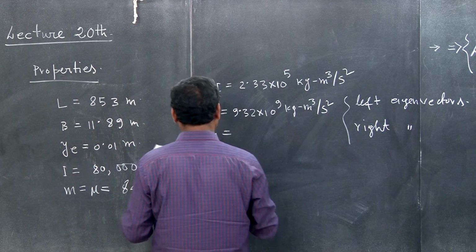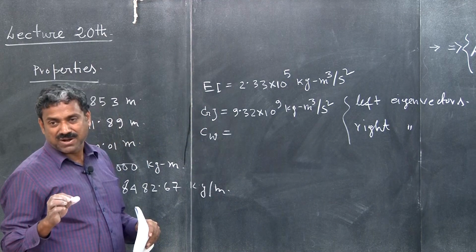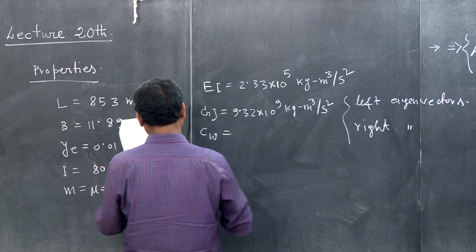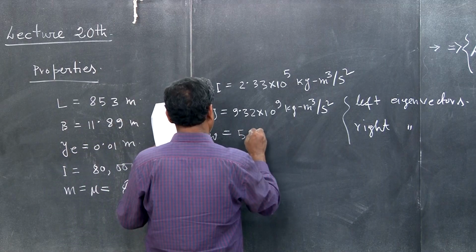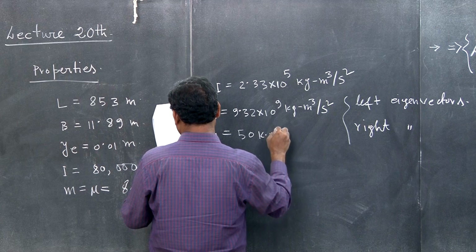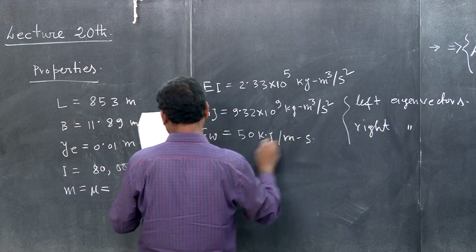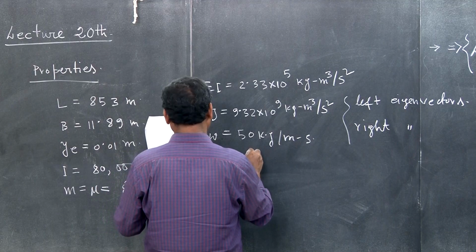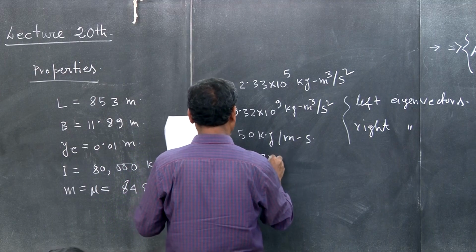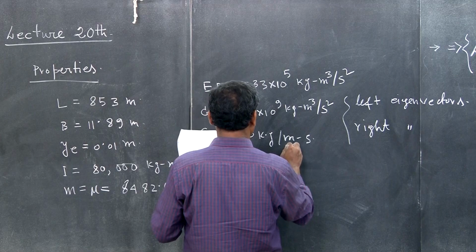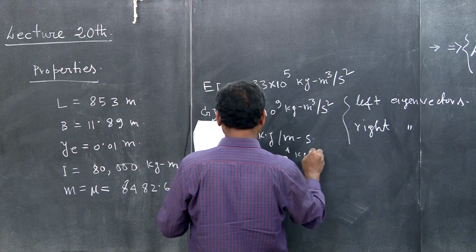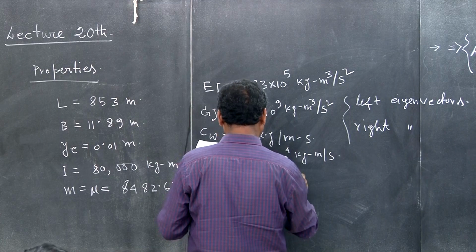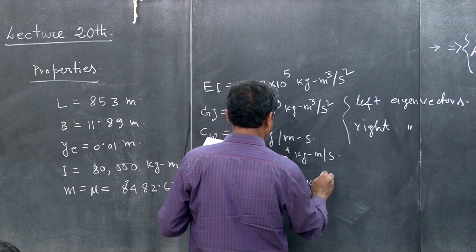Similarly, C w is the viscous part of the damping for the flexural mode. C w is 50 kg per meter second, and C theta, the viscous part of the damping for the torsional mode, is 3.27 into 10 to the power 4 kg meter per second, and the density of the air, rho, is 1.12 kg per meter cube.